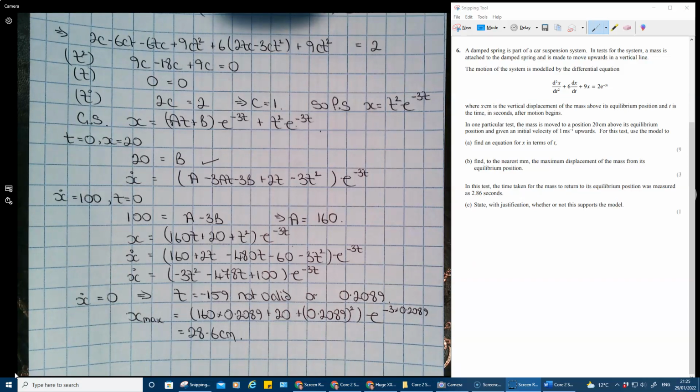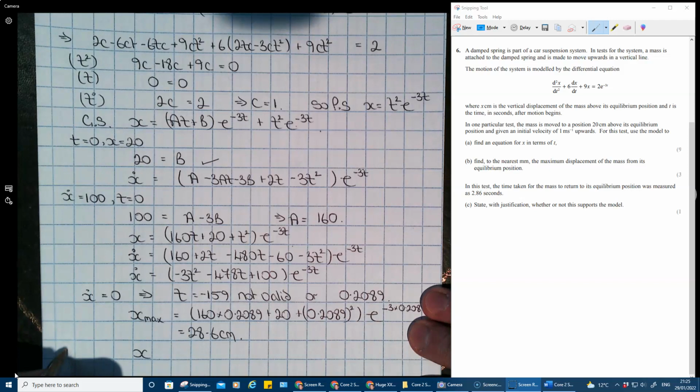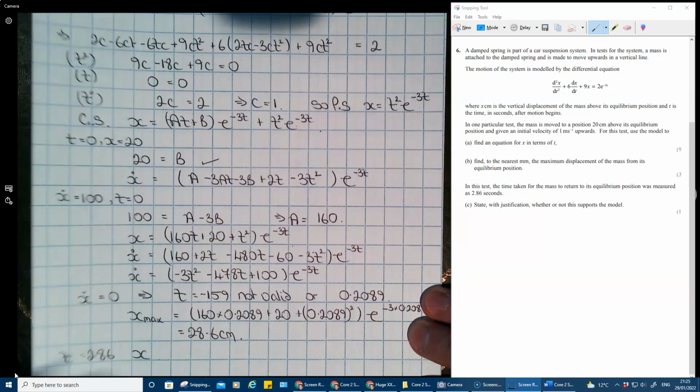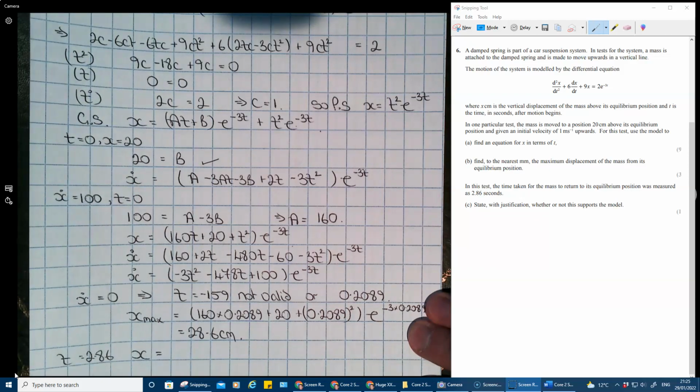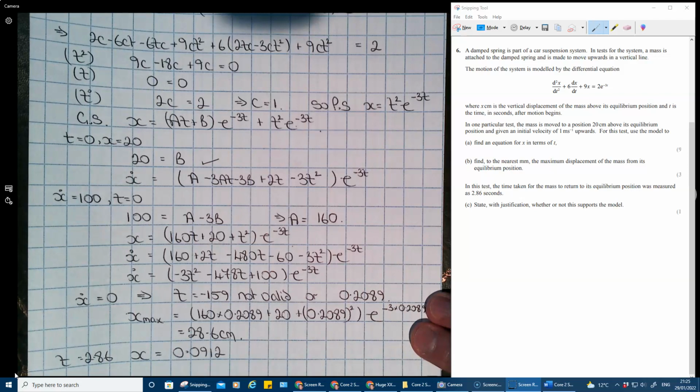Now in the test, the time taken for the mass to return to its equilibrium was measured at 2.86 seconds. So if we plug in t equals 2.86, we plug that in to find x, and we get 0.0912. Okay, which is in centimeters.